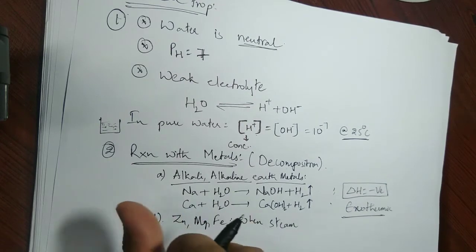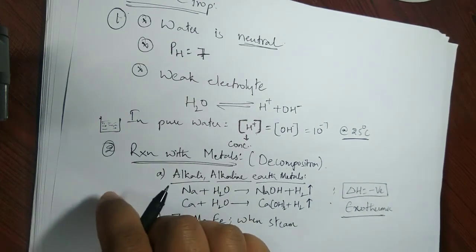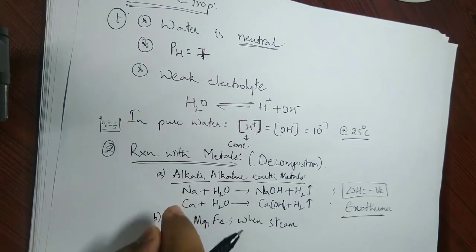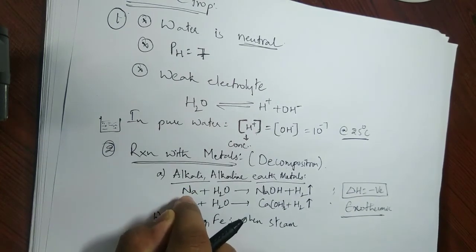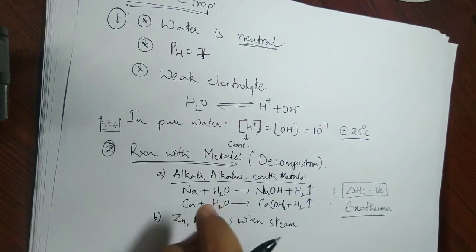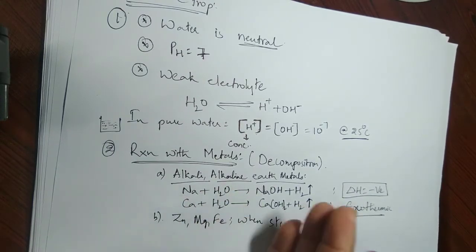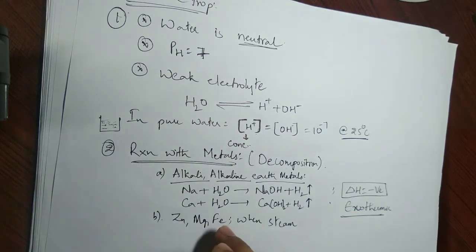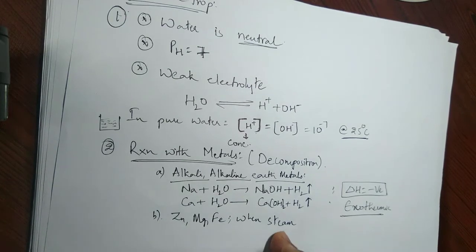Okay, when that moisture is little heated, together it forms water, and water can be cold water or hot water. Okay, and if it is too hot, we generally call it steam. Fine. So zinc, magnesium, iron, when treated with steam, is passed over hot metals.